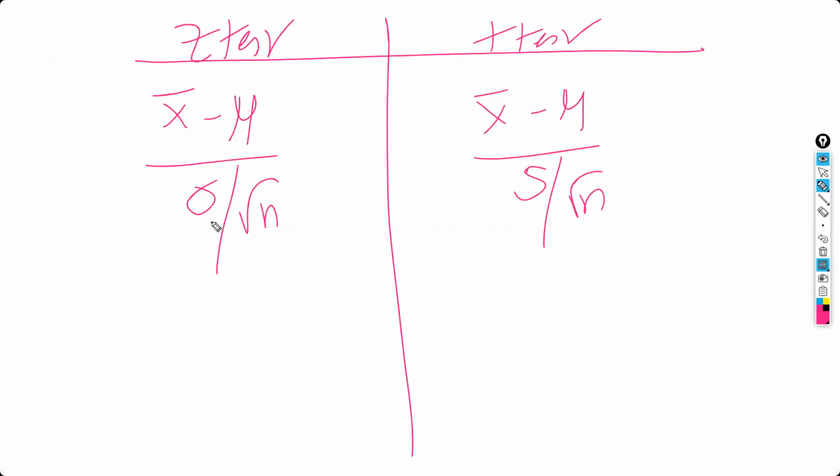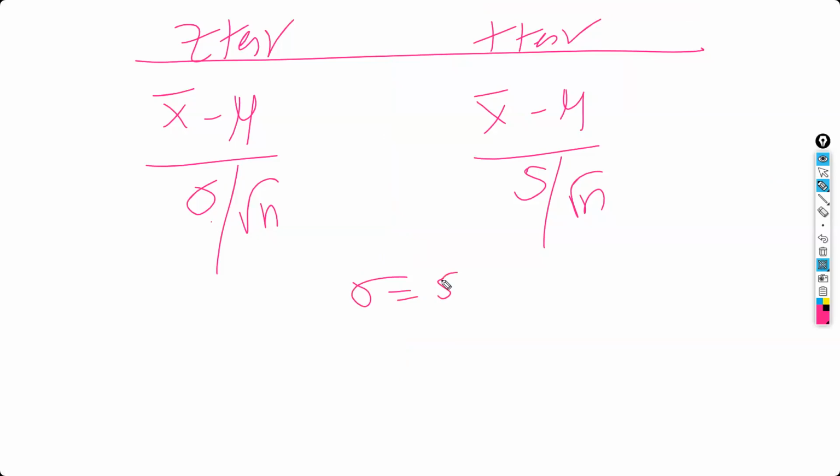Remaining everything is the same. Both values will be the same when sigma, the population standard deviation, is equal to the sample standard deviation.